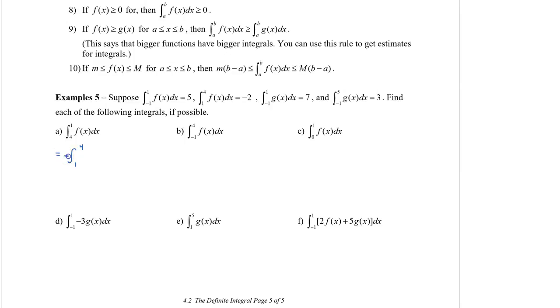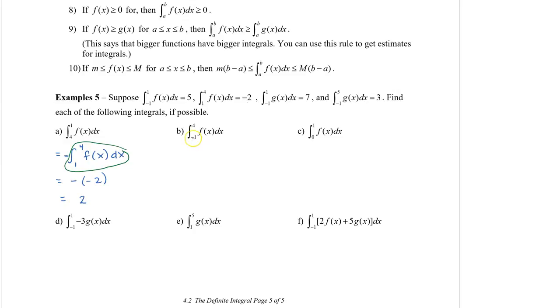So I'm going to put a negative in the front and then have f of x dx. All right, so I already know that this portion here is the same as -2. So now I have negative -2, which means that this is going to be +2.